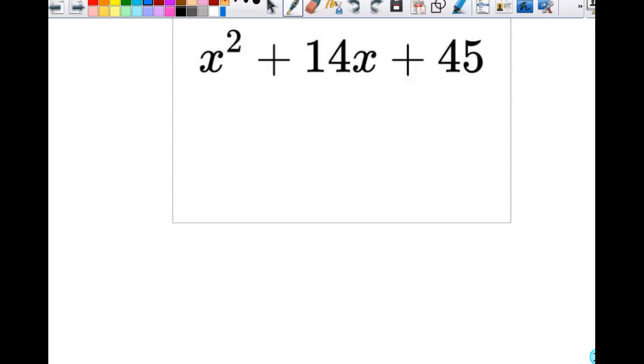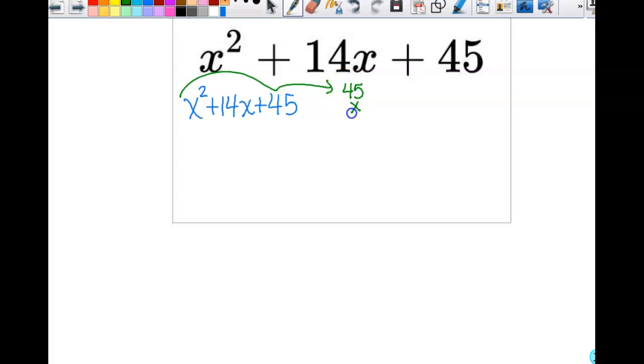All right, so here's one where A is 1. Those are a lot easier, but what some people fail to recognize is that you don't have to do grouping here. It's the same thought process from the beginning, but you don't have to actually group. So A is 1, so I got 1 times 45, basically 45.